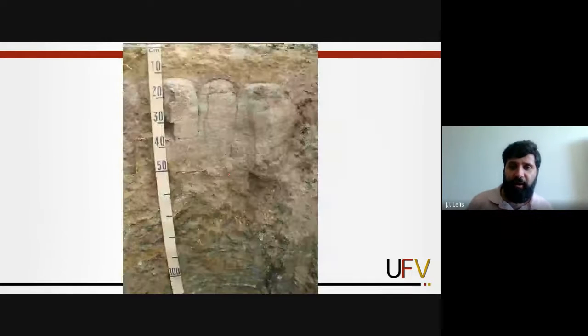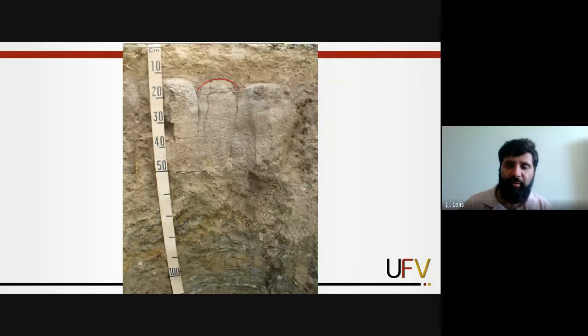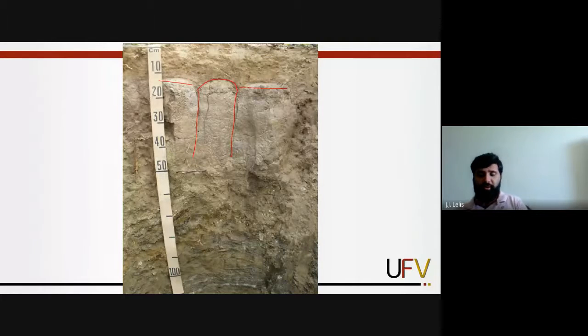This is very common, like here, around that top. You can see a vertically elongated ped, but in the top, it's rounded. It's not flat like this one. They are rounded top structures, okay?